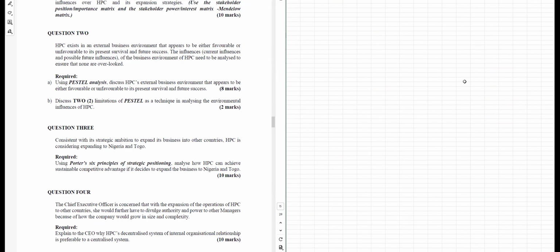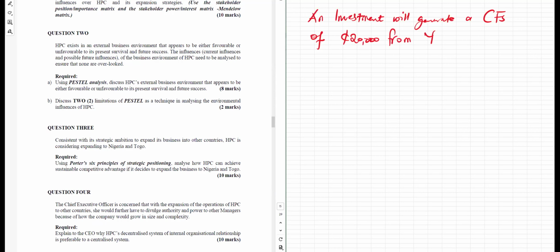Last one, then you go. First method now. So an investment will generate cash flows of 20,000 from year 4 to year 10, and 50,000 from year 10 to year 15.